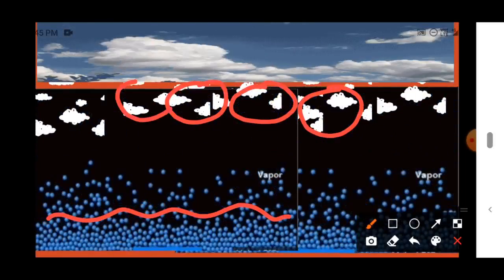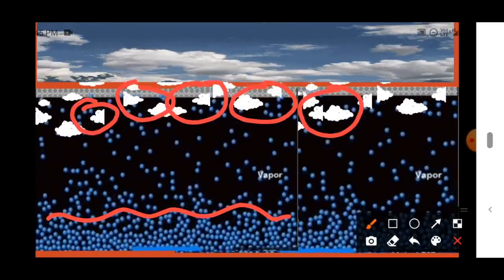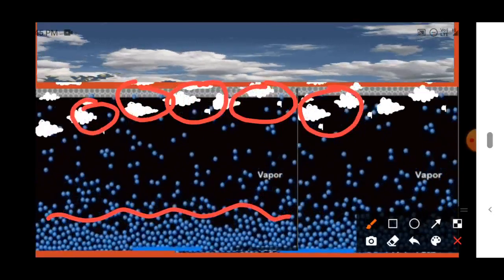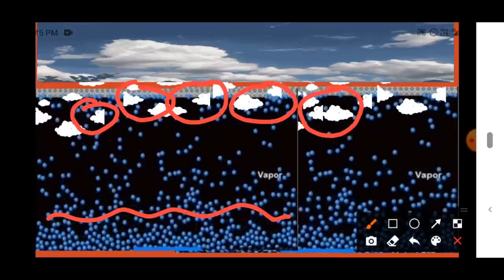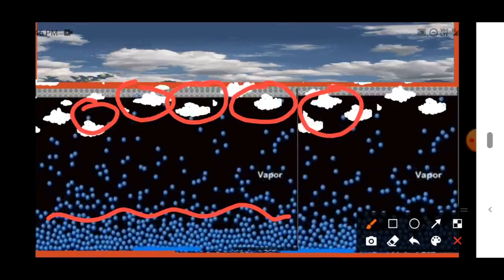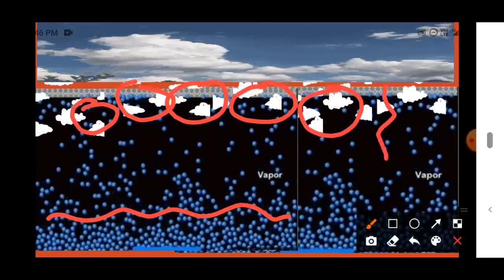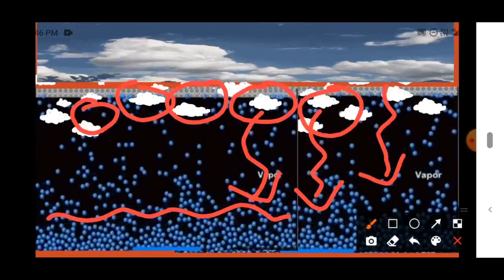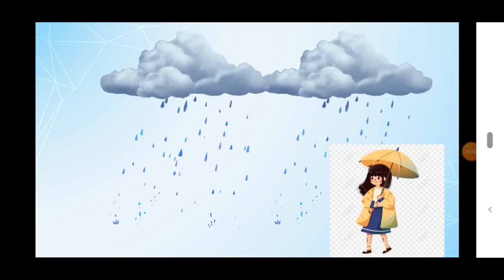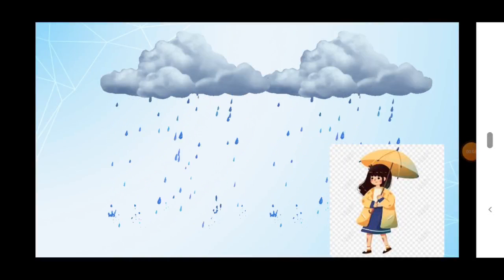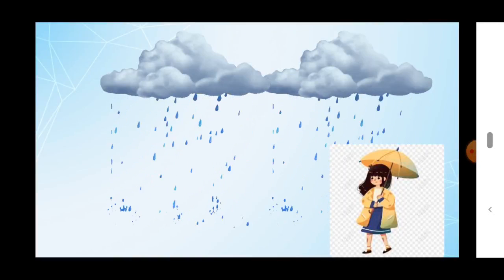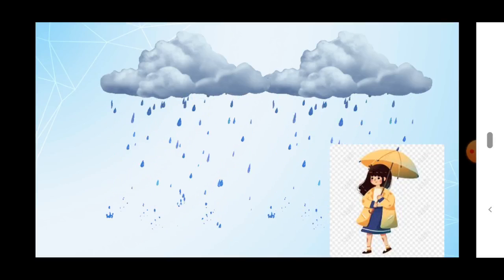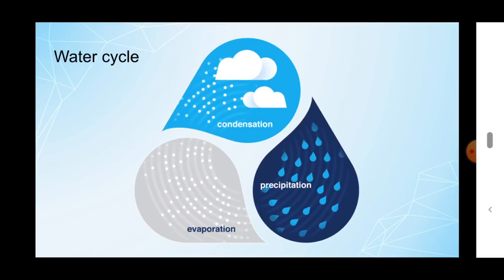So small water droplets come near together and make a large droplet. This large droplet is so heavy that it comes back to the earth as rain. I hope students now you understand how rain is formed. Have you understood? Yes.